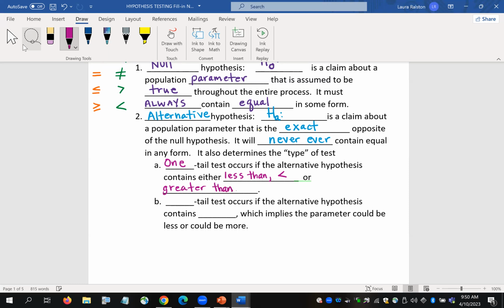And I'm going to show you why in just a minute. It's called a two-tailed test if the alternative hypothesis contains not equal, because the idea of not equal implies that it could be less or it could be more.